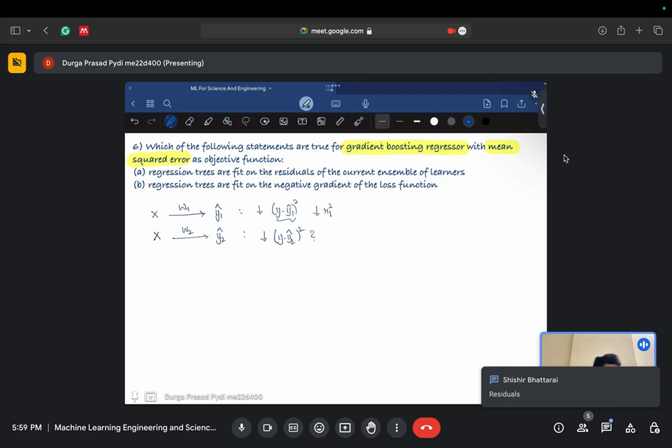Yeah, you are going to minimize the residual. So is this the residual, the one that I have shown here?